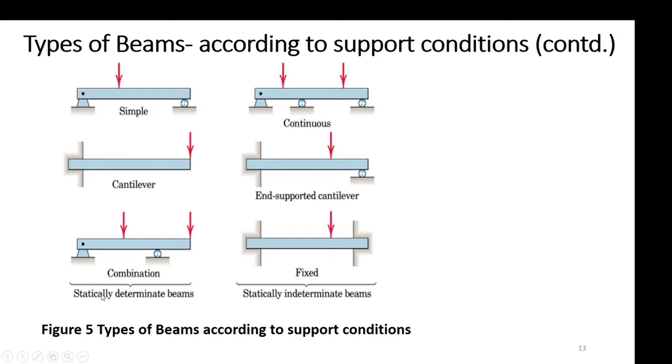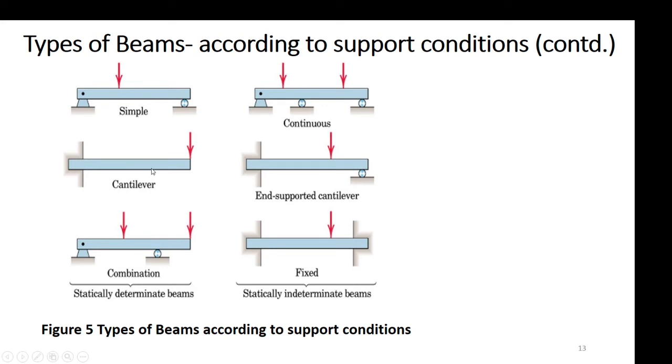Into the statically determinate or even sometimes indeterminate, we'll call a beam simply supported if we have supported it at one end and the other end. In one end, you have seen that this is called pinned support and this is called roller support. In the pin, actually the rotation is allowed but not any other movement. In the roller, the rotation is allowed along with a horizontal movement of the beam. This is called simple support.